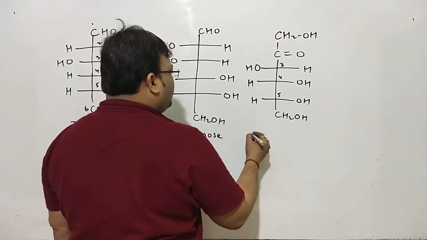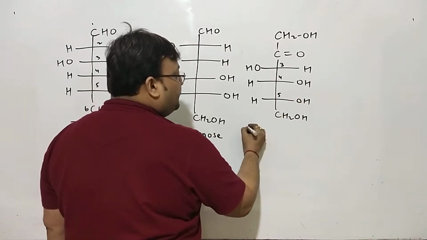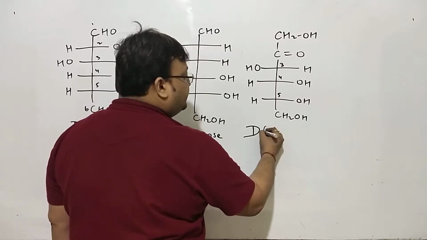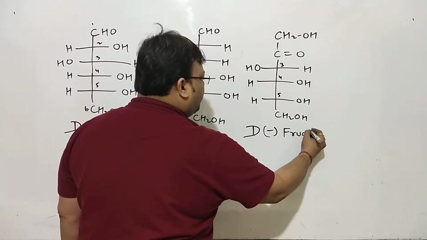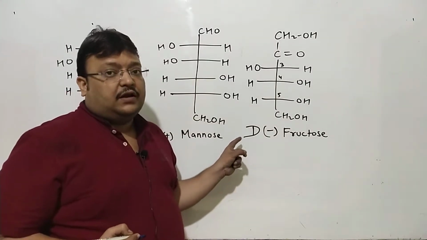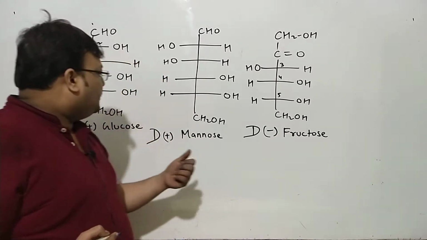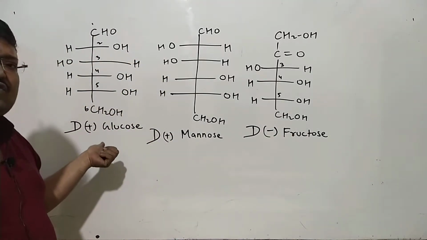It's a ketohexose because there is a ketonic group, and because this OH is to the right, this is also a D sugar, but mind you, this is D minus. So this is a big proof that it could be capital D, but levorotatory. Because it's levorotatory, you call it levulose. Because glucose is dextrorotatory, you call it dextrose.